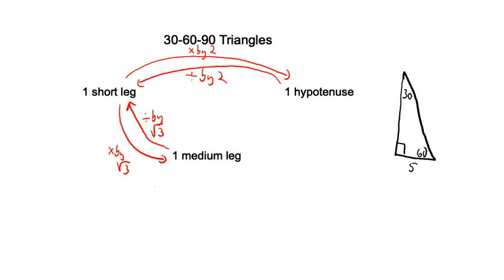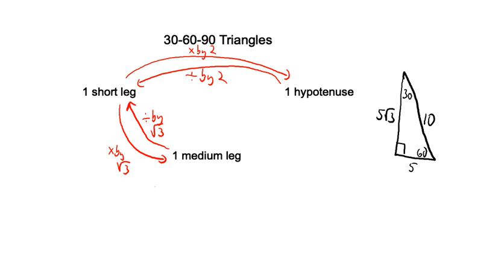The 5 is across from the 30, so that's my short leg. I want to get the medium leg. I'm going to multiply by the square root of 3. 5 times the square root of 3. All right, I want to get the hypotenuse now, but I'm going to base it on the short leg. I'm going to take the short leg, multiply it by 2. So 5 times 2, 10.